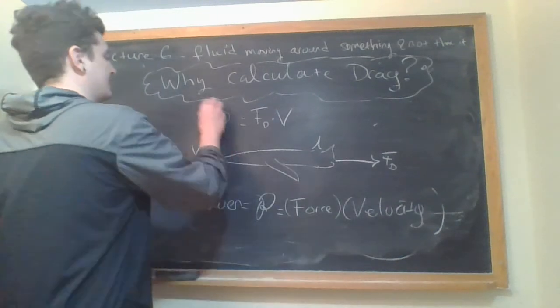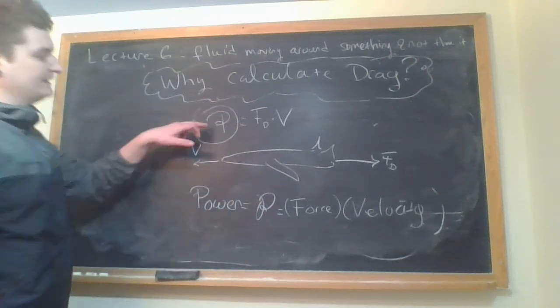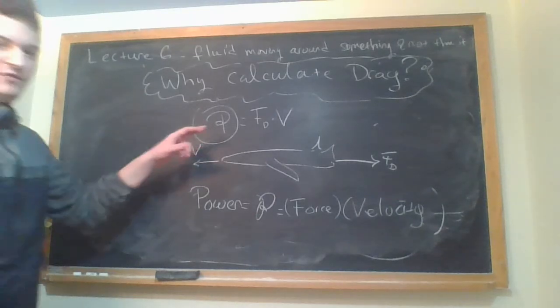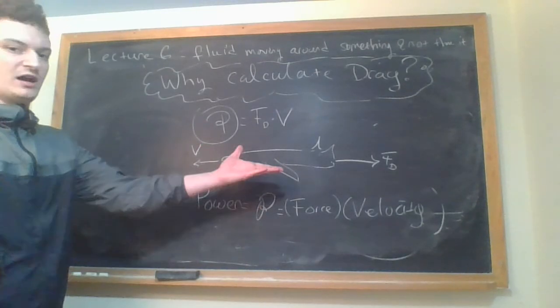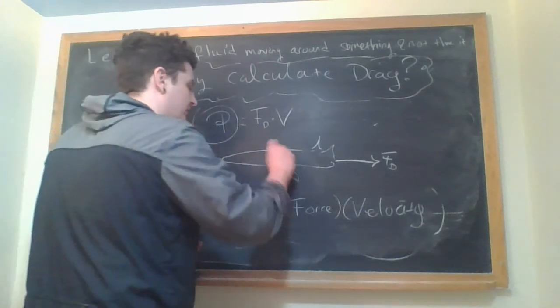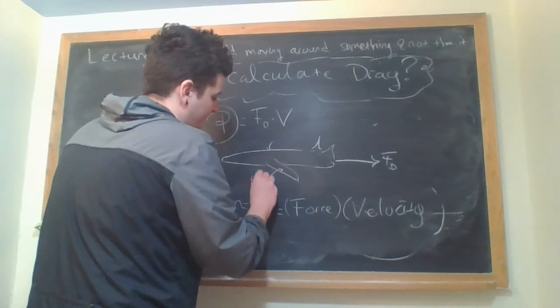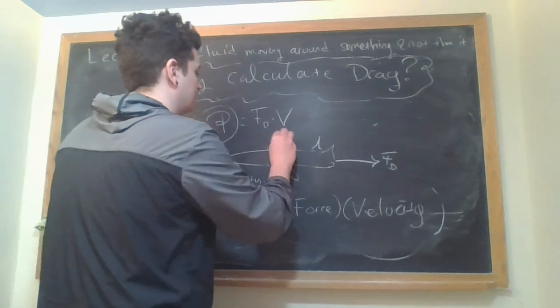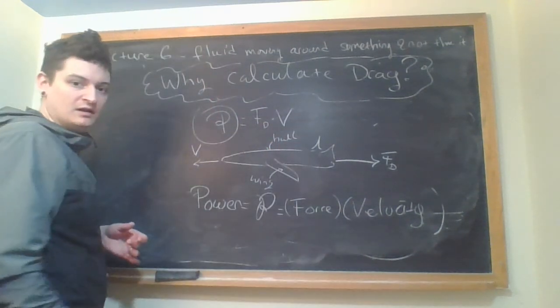And now you have a unit of power. This is now telling you the power of the flight engine you would need to overcome all of these drag forces occurring based on the surfaces of the wings, of the hull, of all the parts.